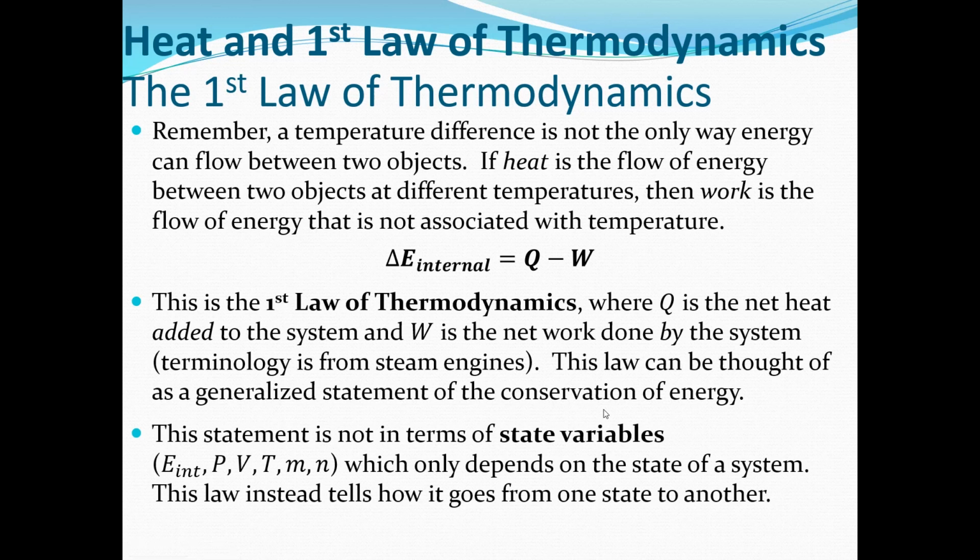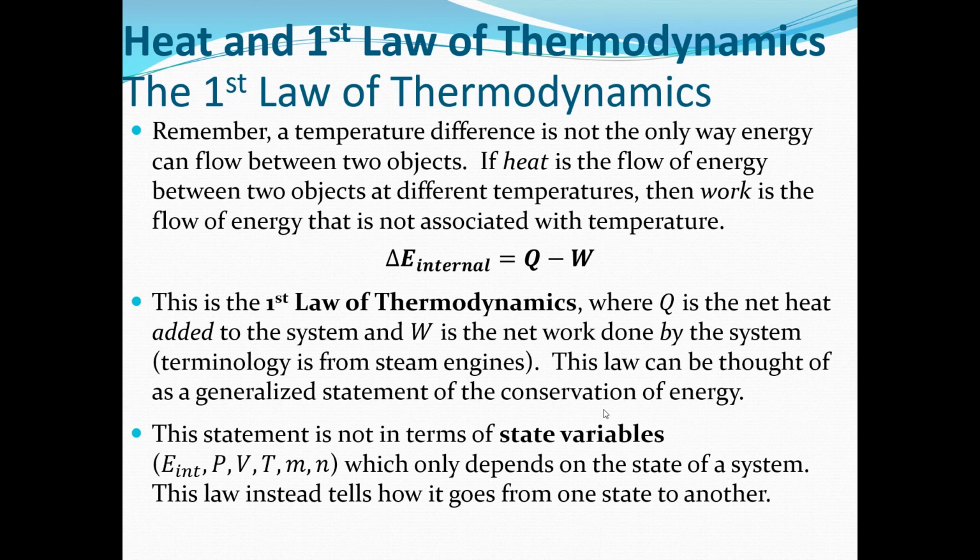Now, one thing to note is that these are not state variables. These are not things about the system itself, like pressure and volume and temperature, but really more of how it goes from one state to another. We're talking about the heat and work being done on the system.